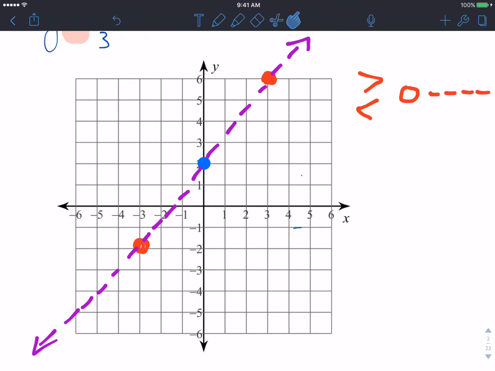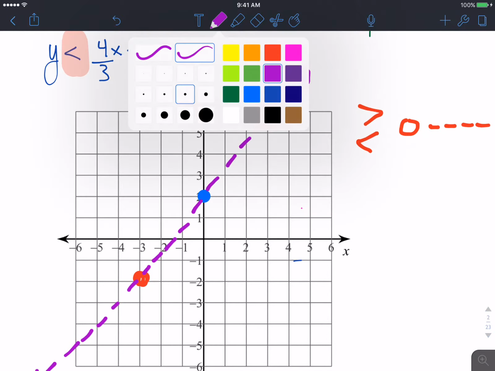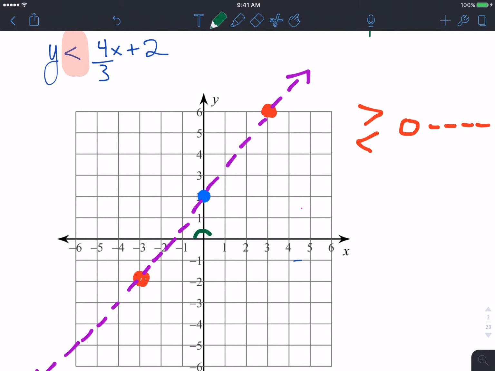Now I still need to go ahead and shade. And like I said, the easiest point always to choose is 0, 0, as long as your line is not on 0, 0.